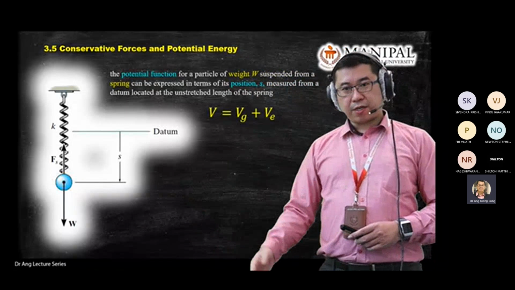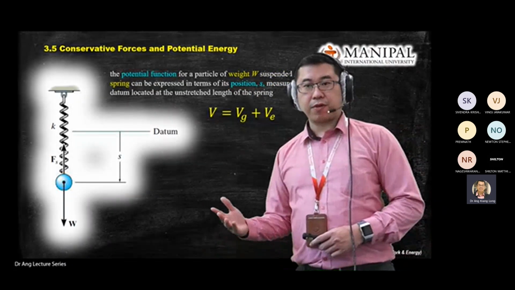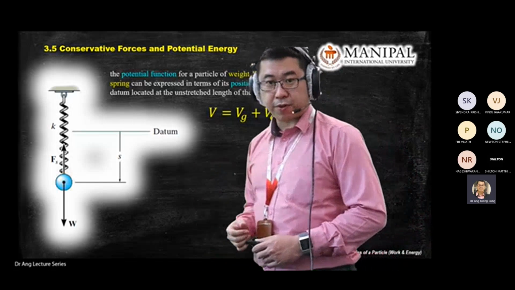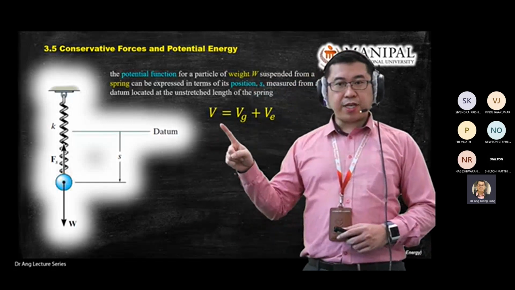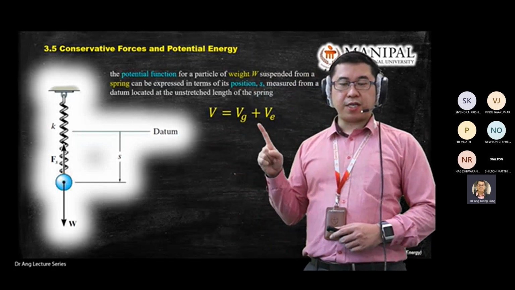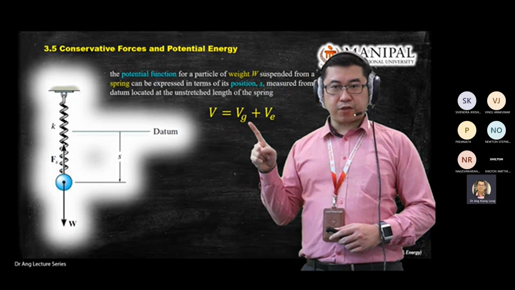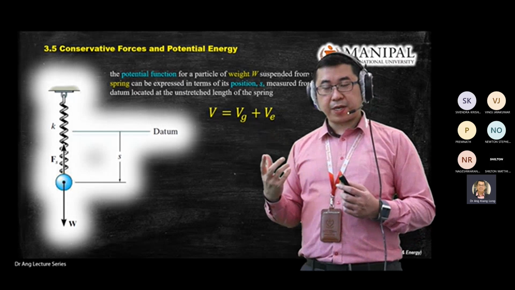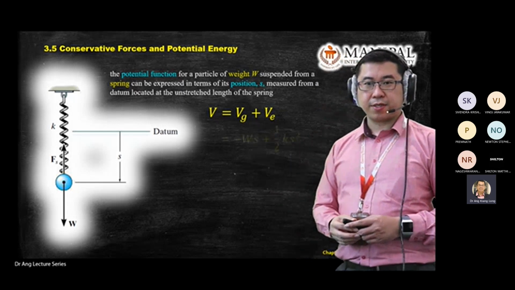So in this system, you have a combination of gravitational force and spring force together. You write V equals Vg plus Ve. Vg refers to gravitational, and e refers to elastic, the spring elastic energy.